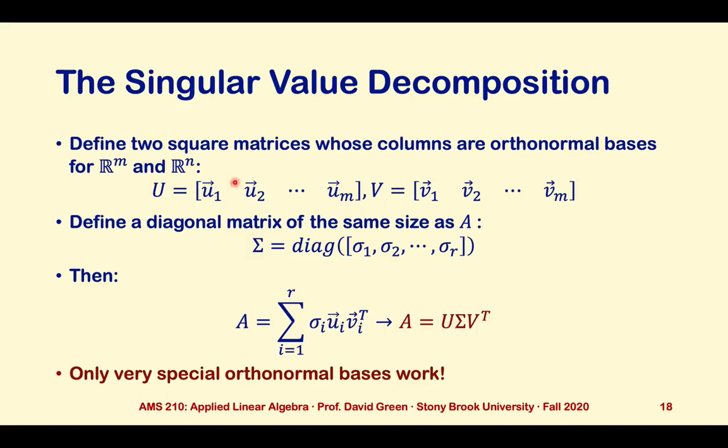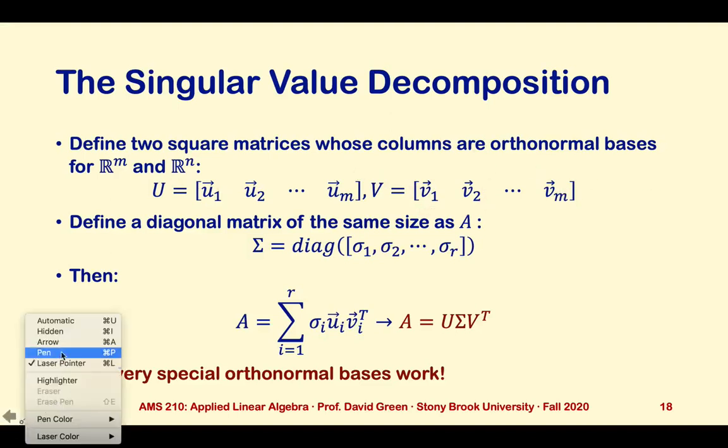All right. We can represent this same idea, this idea that we can write a matrix as a sum of outer products of orthonormal vectors with a scaling factor, by defining two square matrices, a matrix U, whose columns are an orthonormal basis for Rm, and a matrix V, whose columns are an orthonormal basis for Rn.